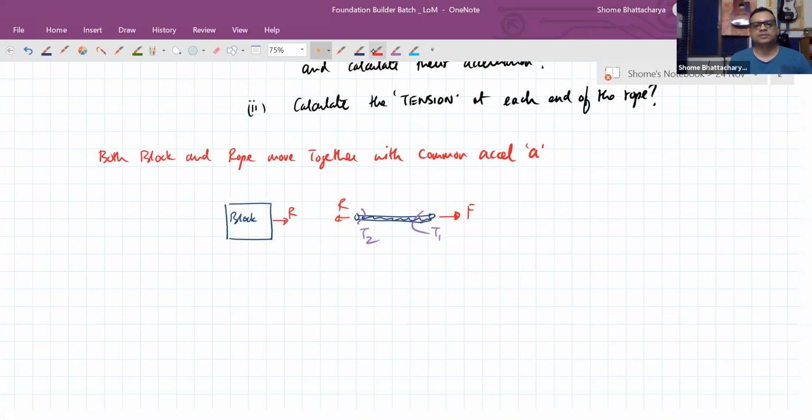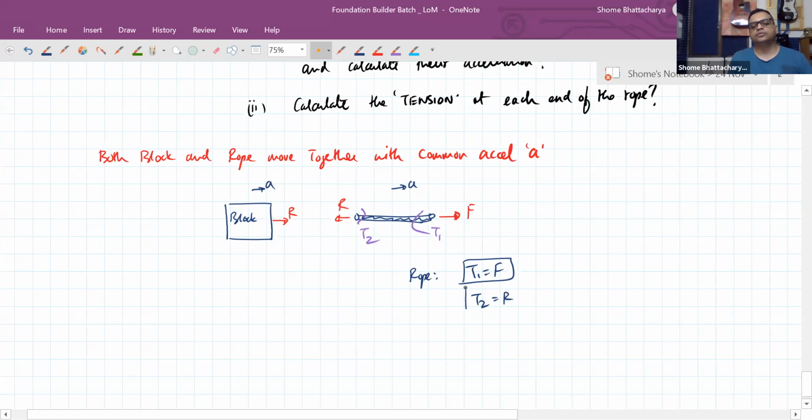Okay. So what is happening here is, for the rope, the tension at this end is equal to F. The tension at the other end is equal to the reaction force, where R is the reaction force between the block and rope, where they are attached.